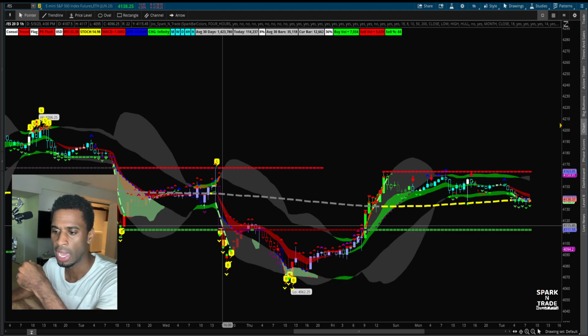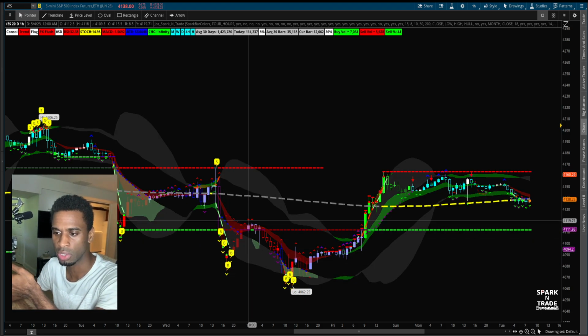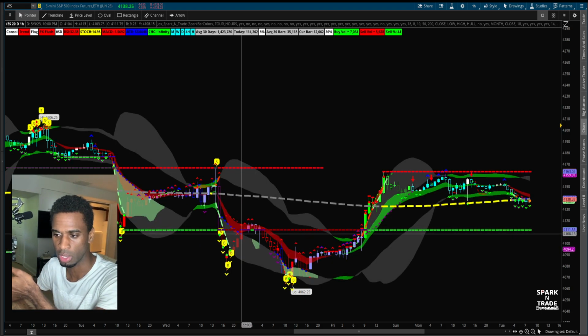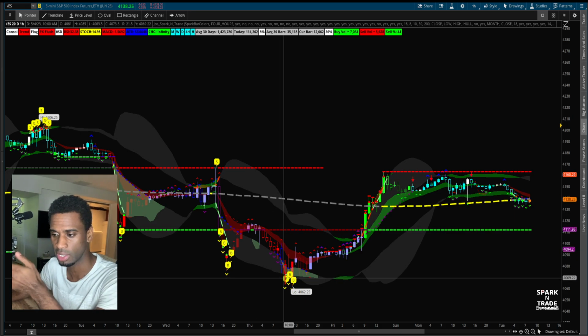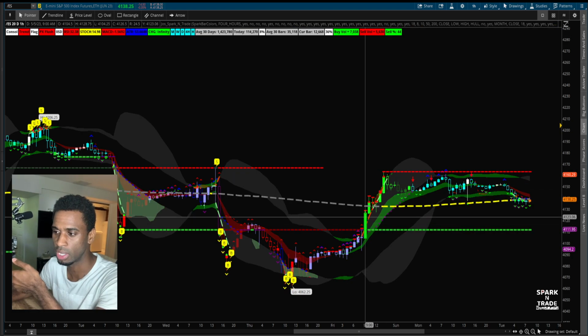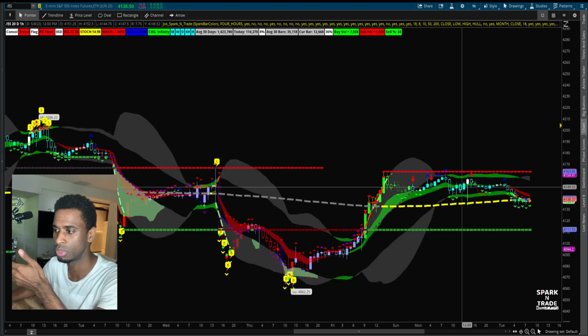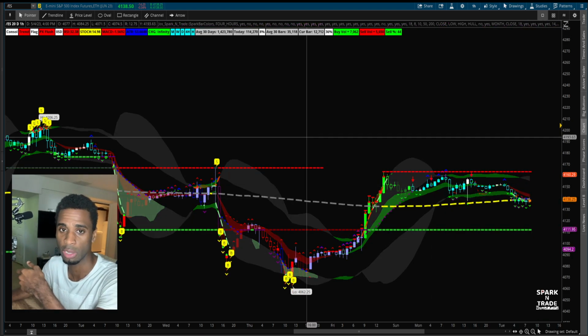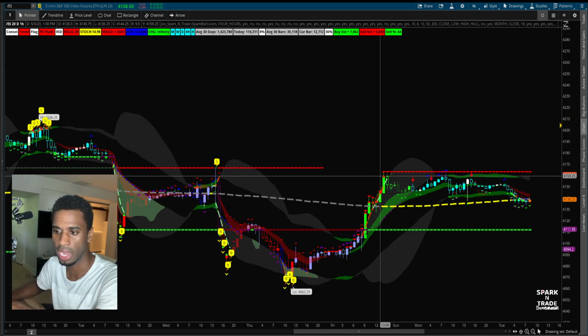So at demand, you should get a bounce, but they broke straight through it, came back to it, it acted as resistance, came back down, it broke out, sent the market up. This stops the entire up move. Now that becomes resistance, down move, right?